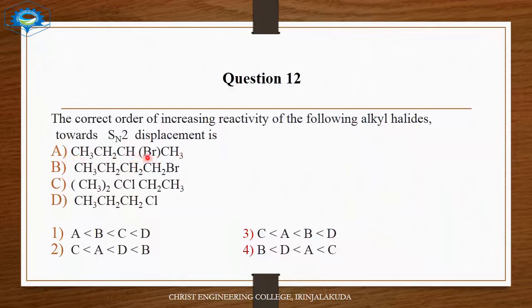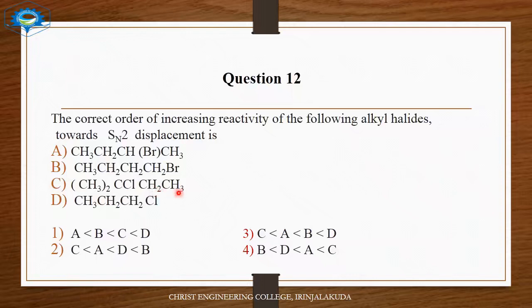Which type of carbocation is it? Option A, when Br is removed, we have CH3CH2CH+CH3. It is a secondary carbocation. In option B, when Br is removed, CH3CH2CH2CH2+, it is a primary carbocation.